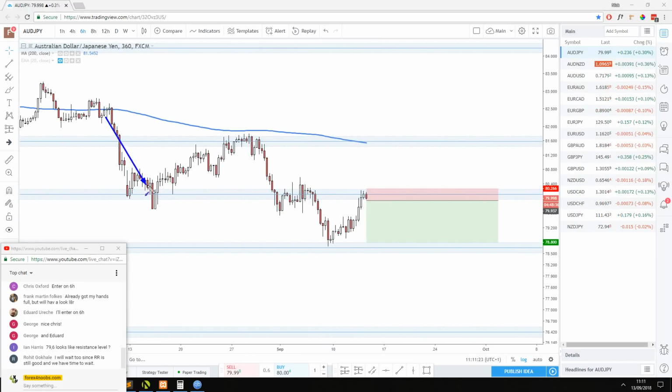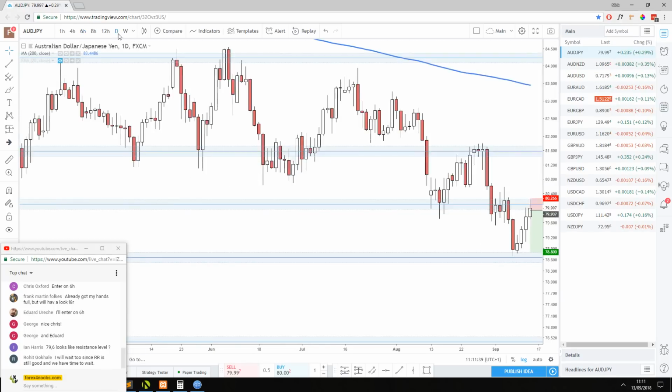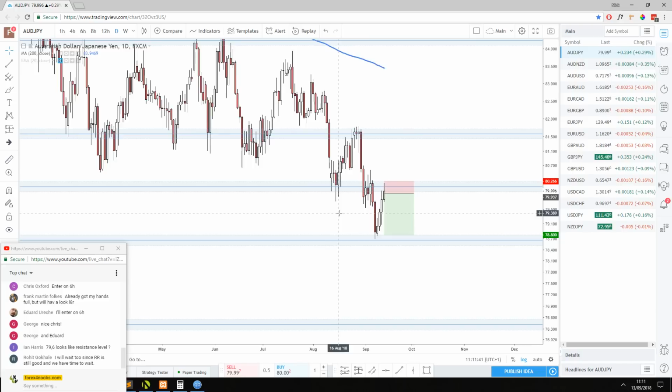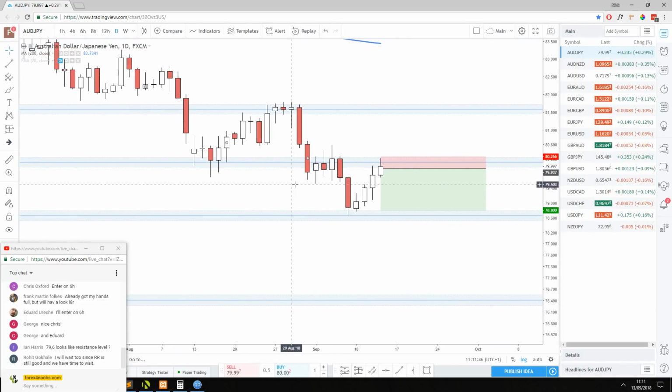And I know a lot of you are going to say, what about that? That's a pretty big move. But this to me looks like it was just a big reversal caused by news. So if we go over to the daily, this will look nowhere near as significant, right?